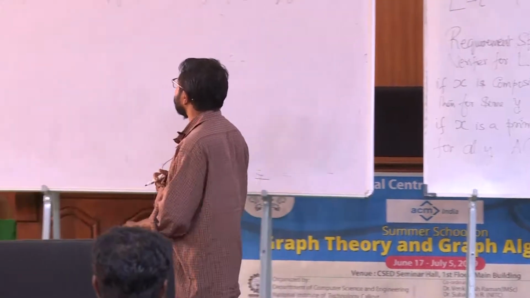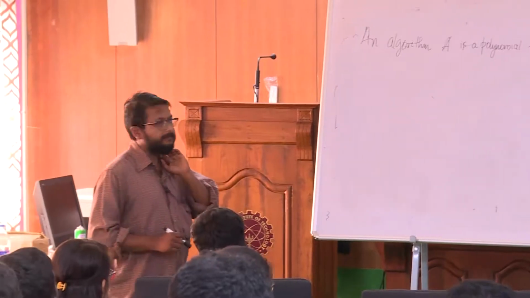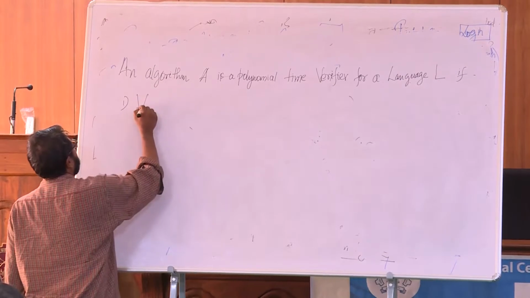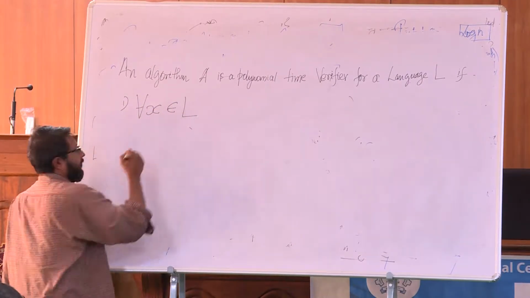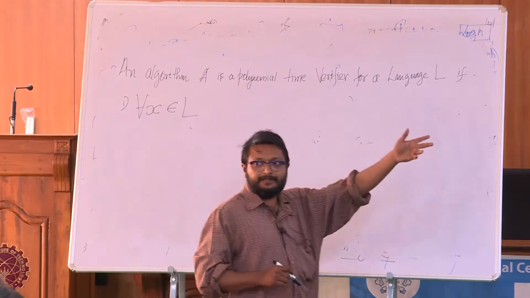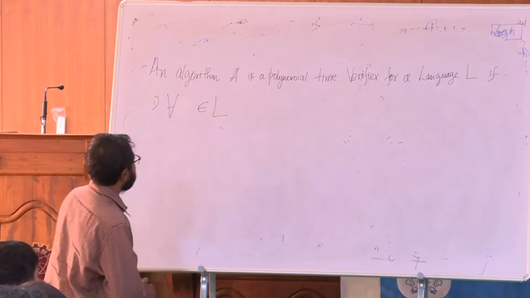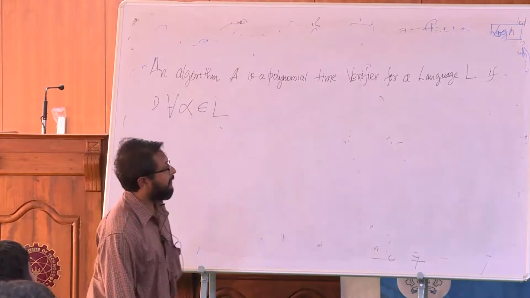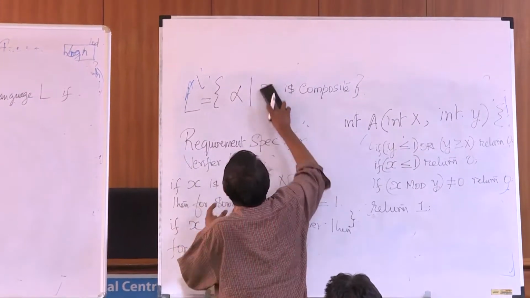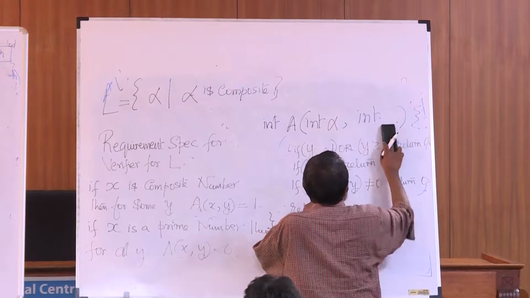So an algorithm A is a polynomial time verifier for a language L if, what is the constraint? For all x in L, this is just a technical notation, for each instance x, or our notation was alpha. We can even stick to that. For each alpha in L, to be consistent with the notation, I should write the set of all alphas such that alpha is composite, and then this should be alpha, this should be x.